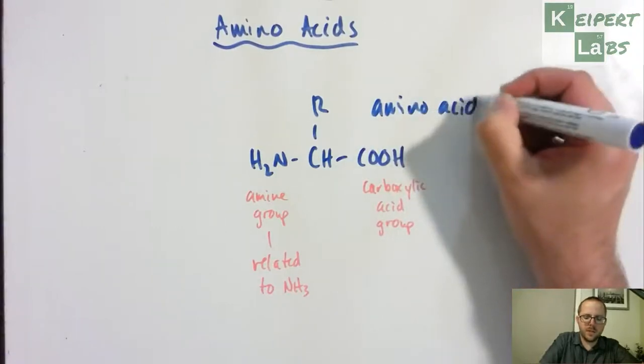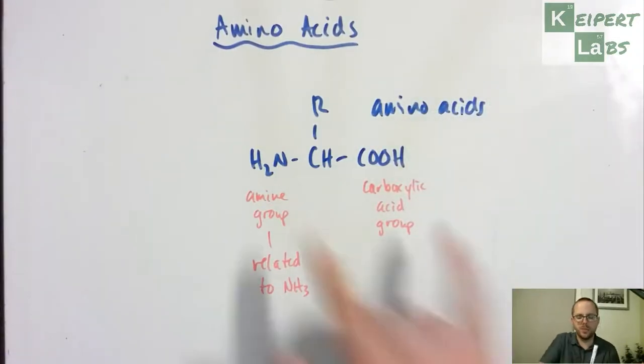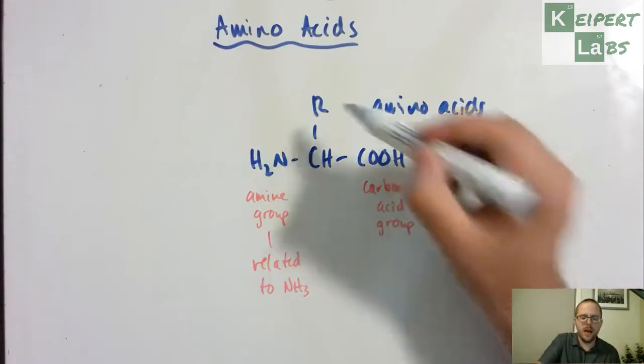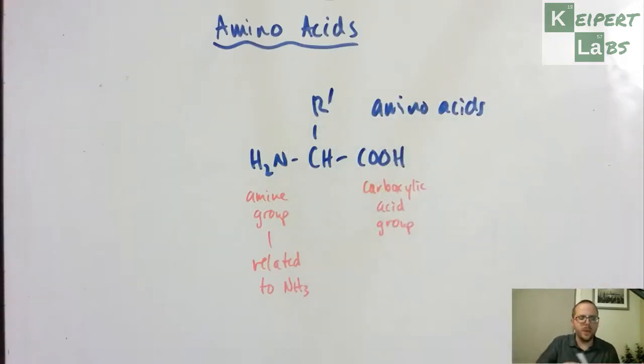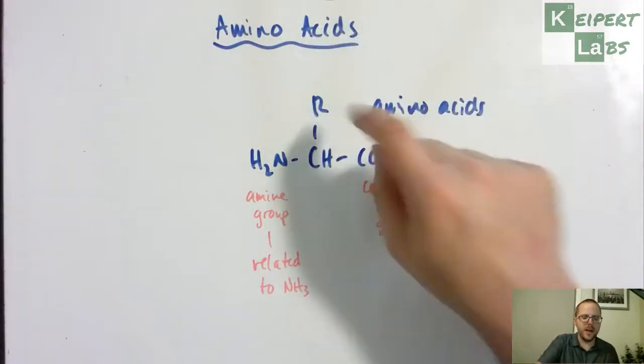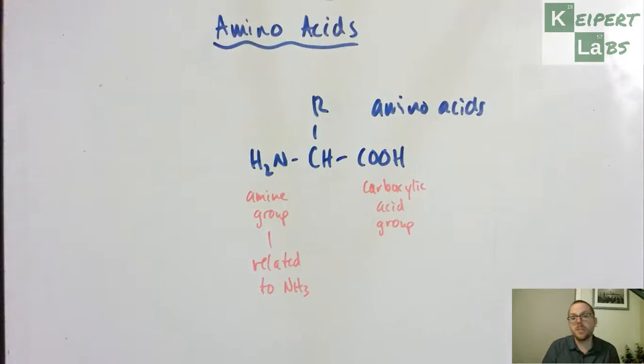Okay, and because these two functional groups, or these two sections, work in tandem, that's why we consider them to be a whole separate family. They're not acids and they're not amines, they're a combination of the two. We see that this R group could represent just about anything.